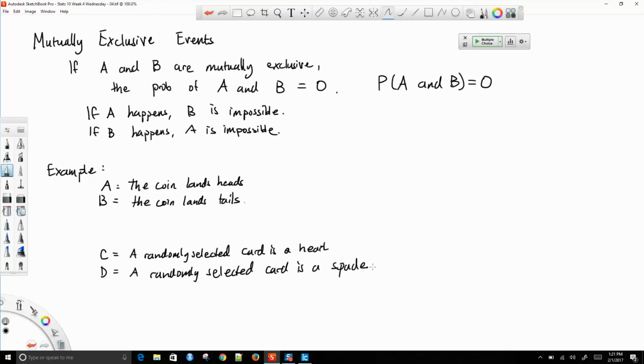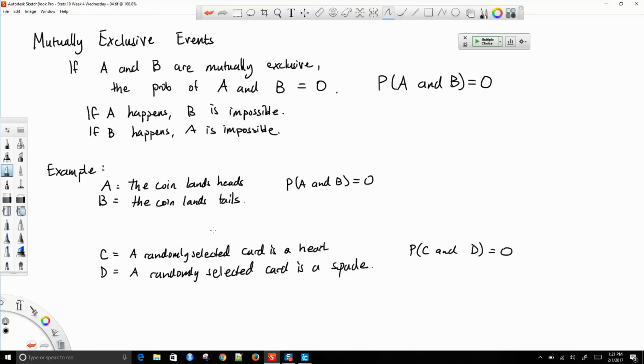Okay, you cannot have a card that is both a heart and a spade. Okay, so the probability of C and D is equal to 0. So therefore, C and D are mutually exclusive.